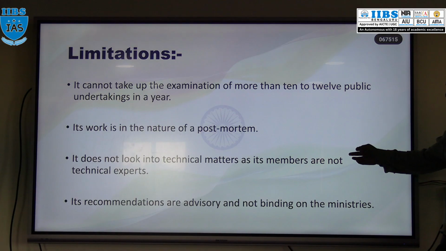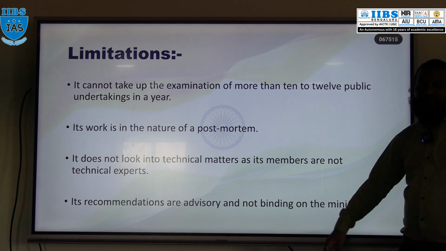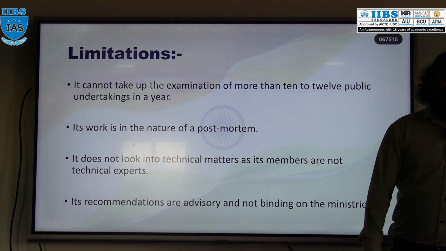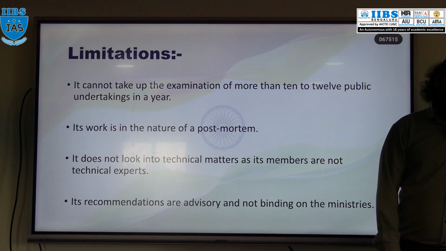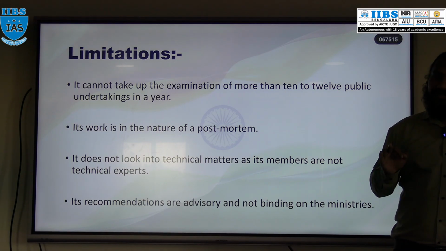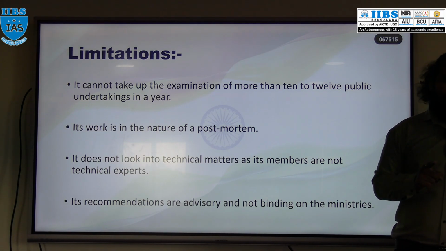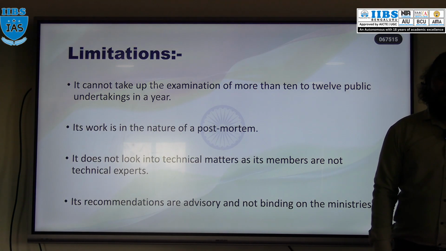So that is also a limitation. And the advice given by this committee is not binding. It is advisory in nature, that's all. Okay, so this is about the 3 financial committees: Public Accounts Committee, Estimates Committee, and Committee on Public Sector Undertakings.